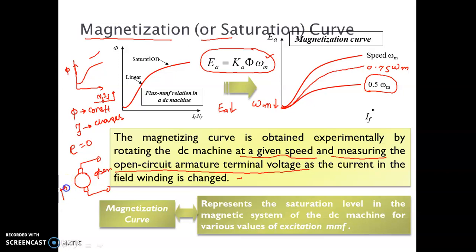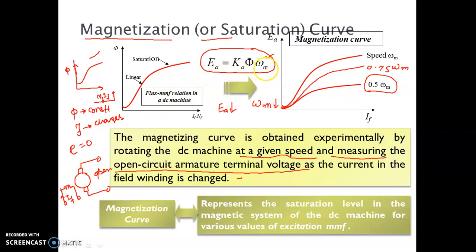Suppose I am giving field here, this field current IF is flowing. Slowly IF is increased, and this side is open. The machine is rotating, so the voltage in this machine is noted using this relation.